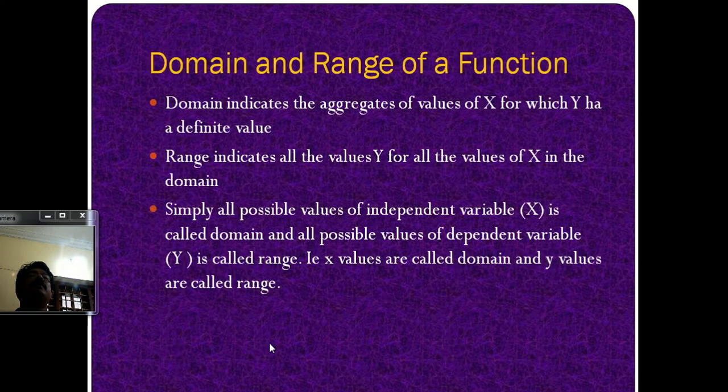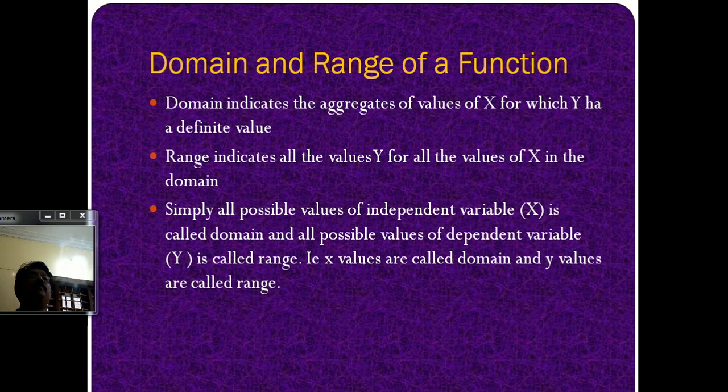Now let us discuss what is domain and range of a function. If you have given a function, for example y is equal to a function of x, then you can define what is the domain and range. Domain indicates the aggregates of values of x variable for which y has a definite value.